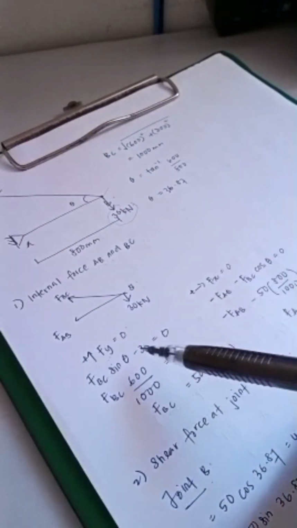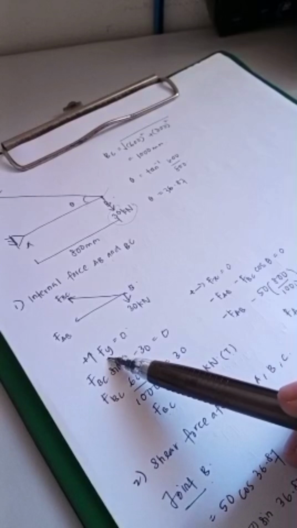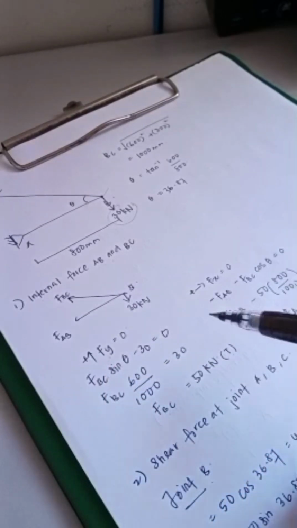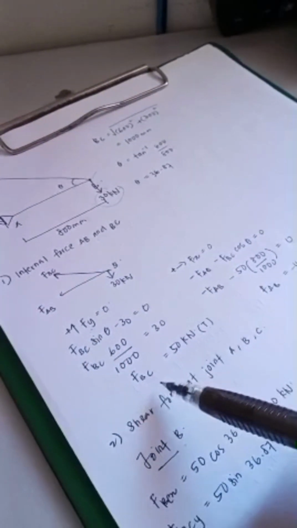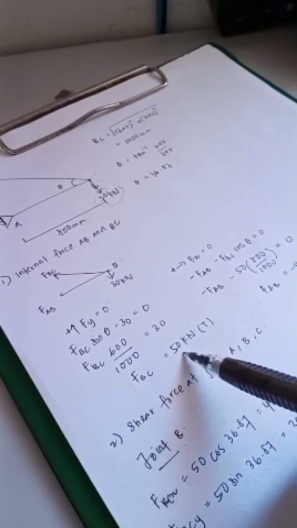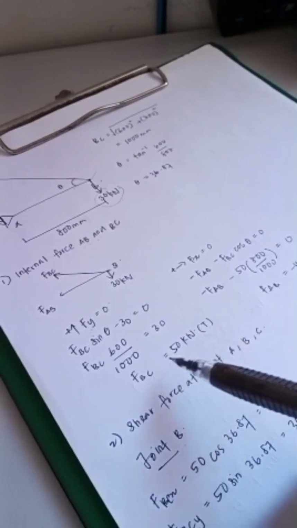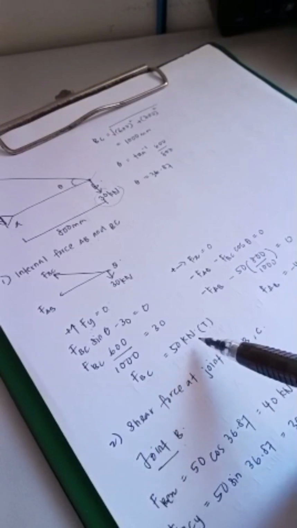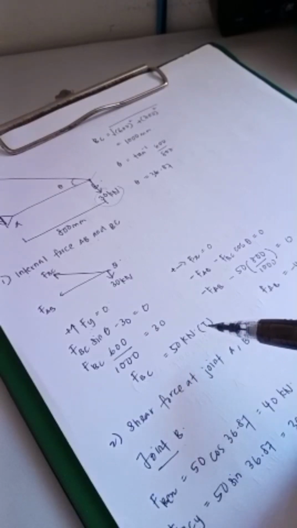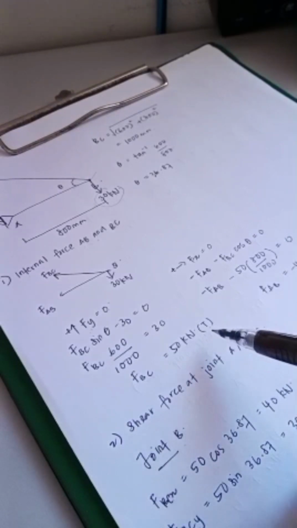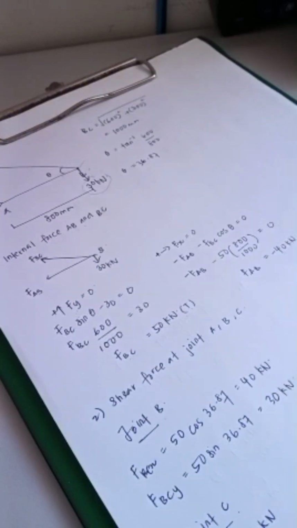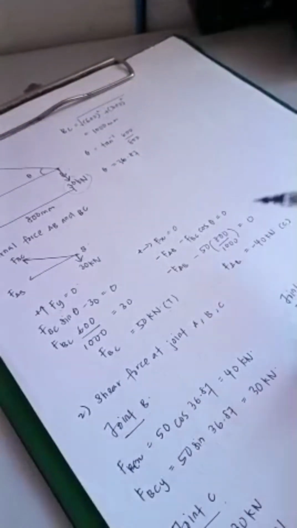Then I calculate using the equilibrium equation, and I got FBC equals 50 kilonewton in tension. When the result is positive, it is in tension. It means the member force pulls away.